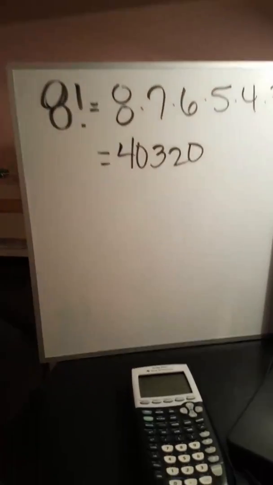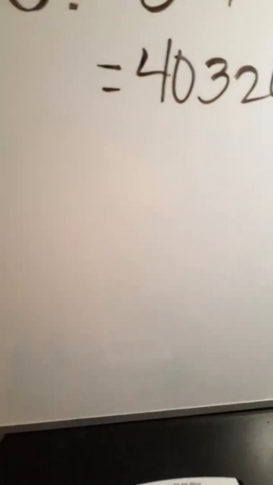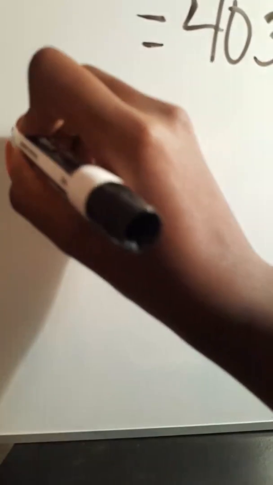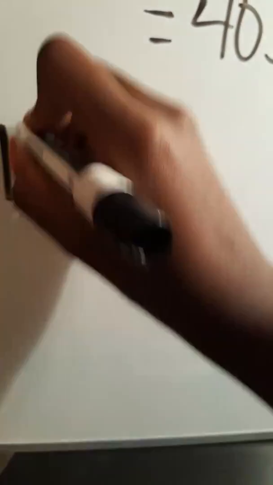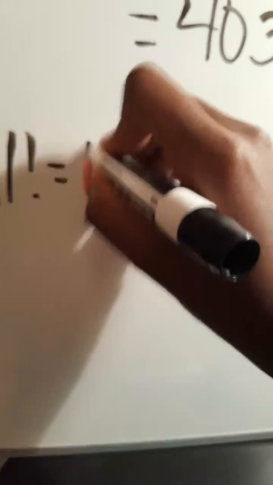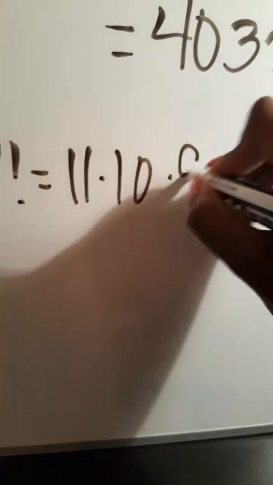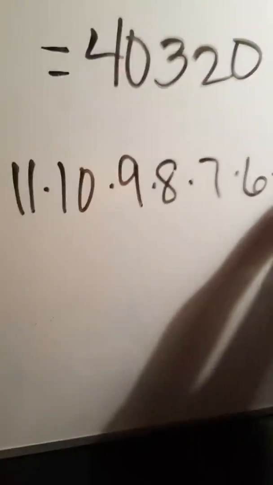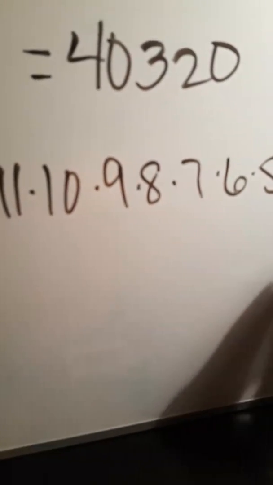So let me give you another example that's not on here for this type. Let's just say we had 11 factorial. It'd be 11 times 10 times 9 times 8 times 7 times 6 times 5 times 4 times 3 times 2 times 1.